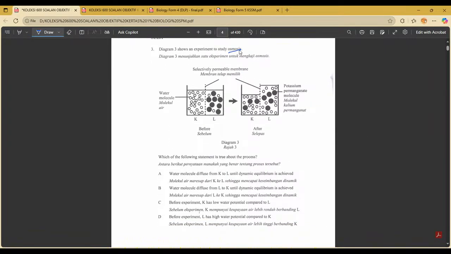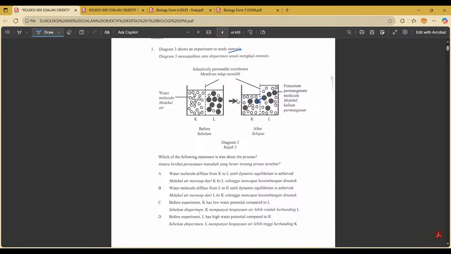Osmosis. Why did potassium permanganate go from here to here? That doesn't make sense. I'm just gonna assume that's a mistake, because I have read this question before. It seems to be a mistake. I don't know.